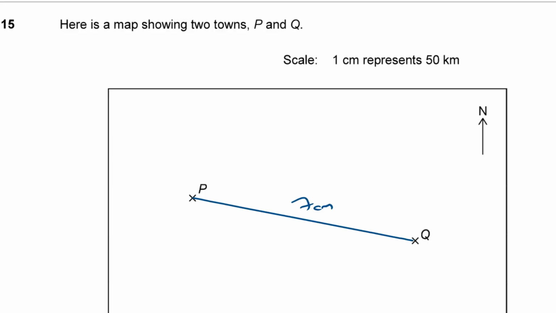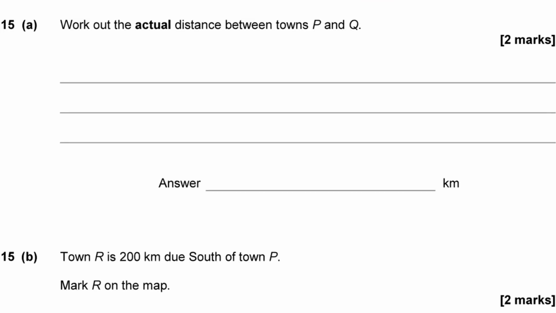How am I going to work out the actual distance then? 1 centimetre is 50 kilometres, so 7 centimetres is going to be 7 times 50 kilometres, isn't it? 7 times 50 is 350 kilometres between those two towns. So the actual distance is 350 kilometres.